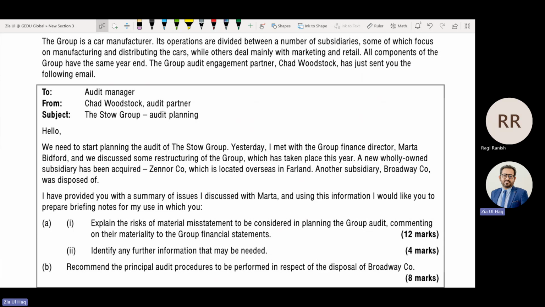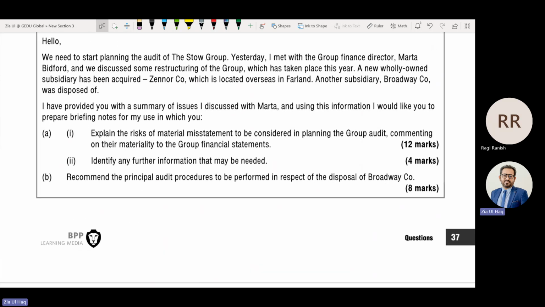Using this information, I would like you to prepare briefing notes for my use, in which you, part A1 for 12 marks, explain the risk of material misstatement to be considered in planning the group audit, commenting on the materiality to the group financial statements. So you need to discuss materiality of each issue as well.